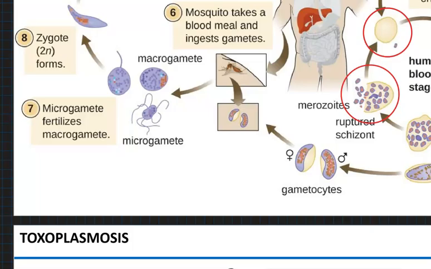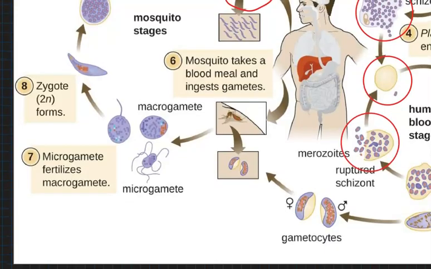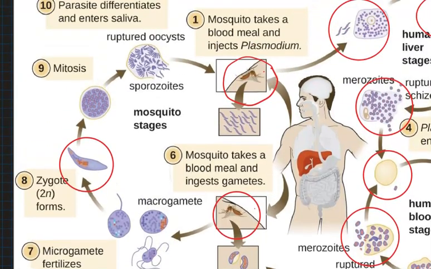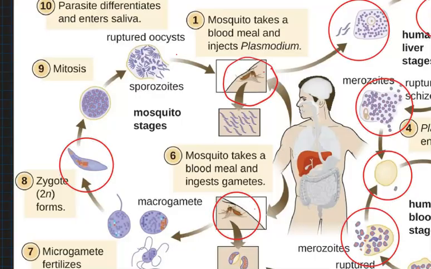So these gametes or gametocytes get into another mosquito, encounter each other in that mosquito, form a zygote, which is again diploid. In the mosquito, the zygote develops into a bunch of adults that are injected into the human bloodstream, and the cycle starts over. Does that make sense?